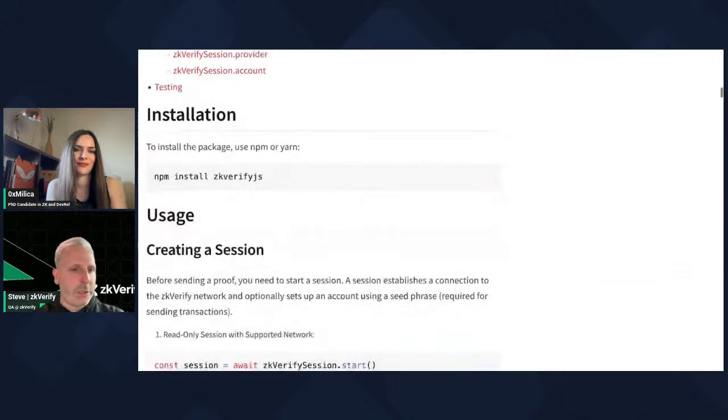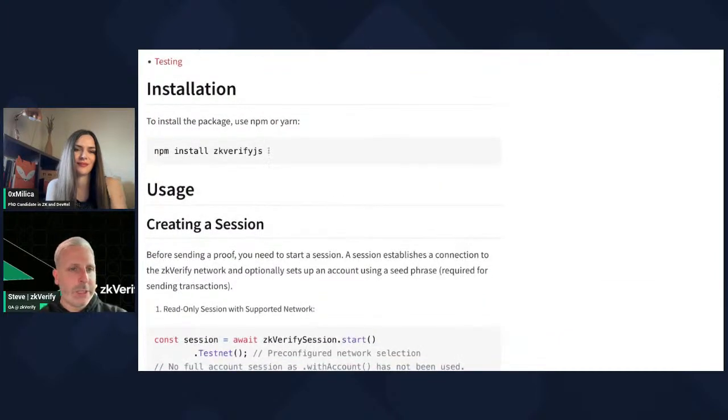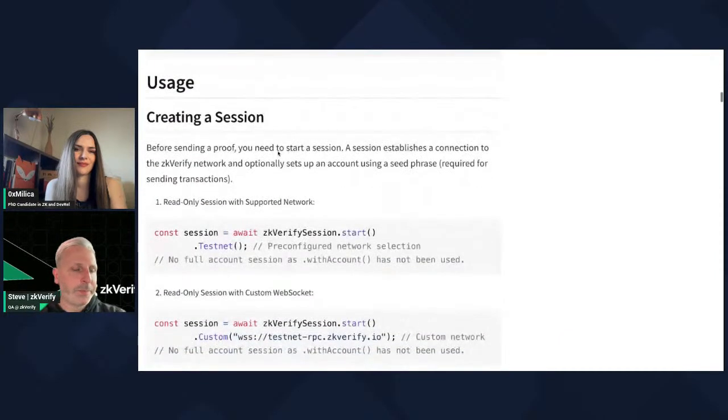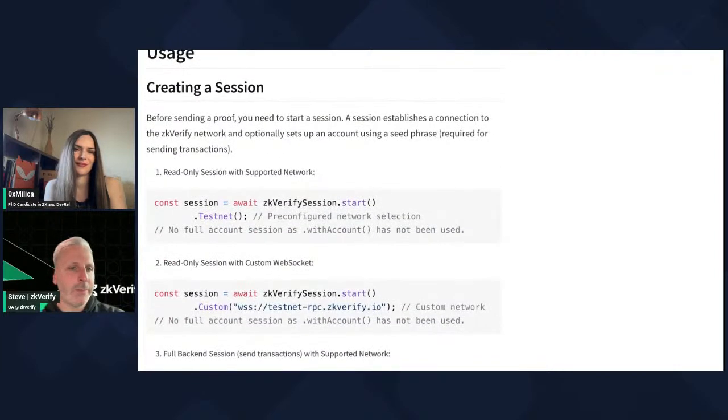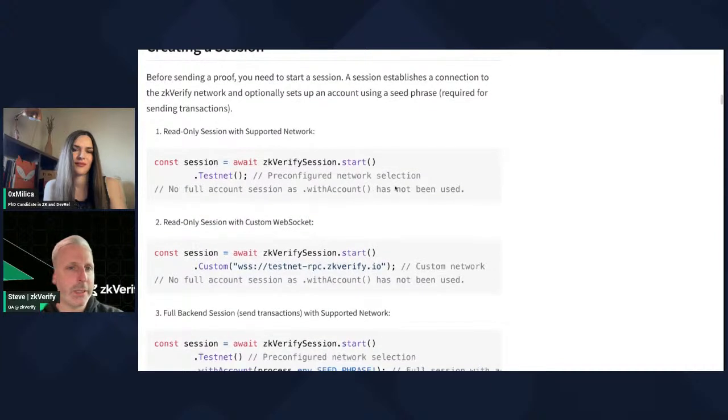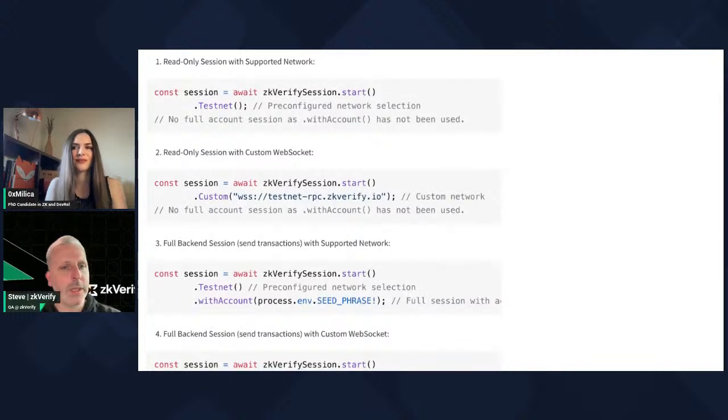So we'll quickly scroll down then. I already mentioned the installation, nice and simple. Then the concept would be to connect to our network by creating a session. At the moment, we've got one pre-configured network, which is our testnet. Simply calling this command, start with testnet, will connect to our network and our RPC nodes, enabling you to start sending your queries and your transactions.